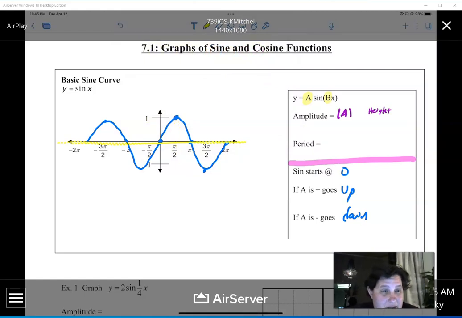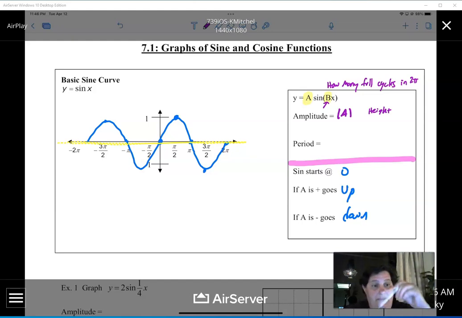So as I change that number in front, it's going to change the amplitude. A can be a positive or a negative number, but amplitude should always be positive because it represents the height. The next thing we have is the period. The letter B tells us how many full cycles this will make in a 2 pi period. So if B is 4, it would make 4 cycles in a 2 pi period.